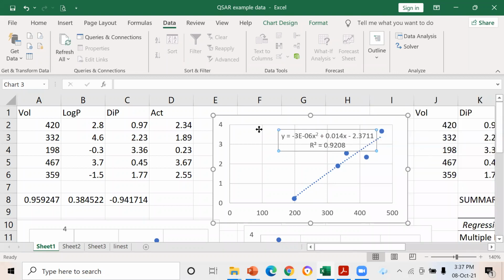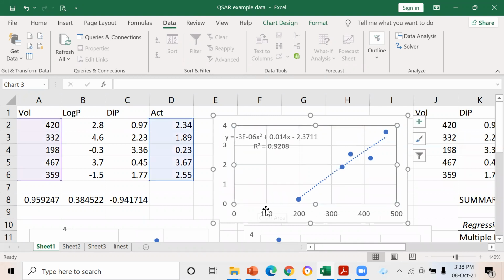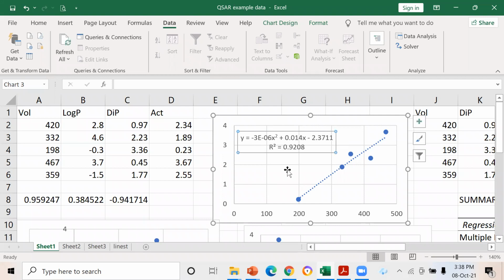Y equals a into volume square plus b into volume plus c type of model. Already, even with the linear, it is a very good model. So with the second order, we don't need to do a quadratic equation in this particular case, because, as I showed you before, the model is already very good with the linear equation itself.